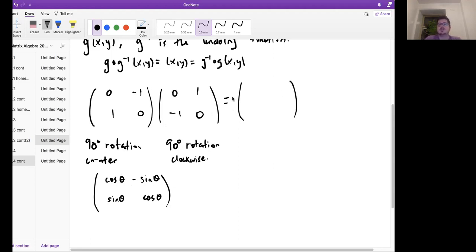What's the first entry going to be? Do this multiplication now. What's the first entry? 1.